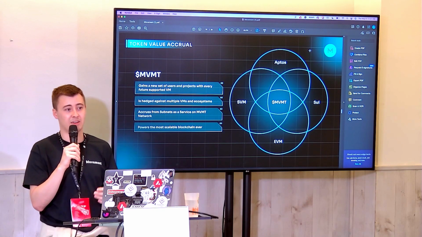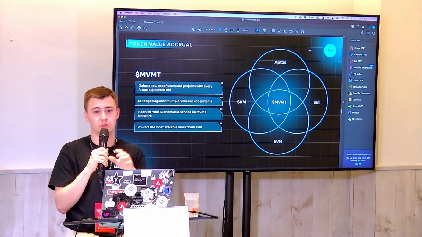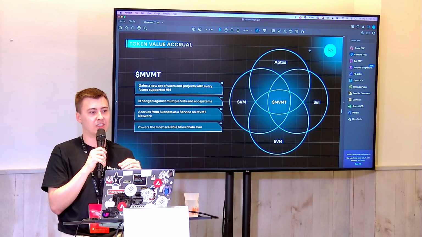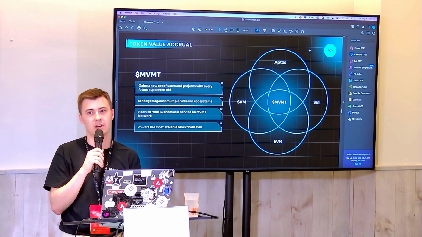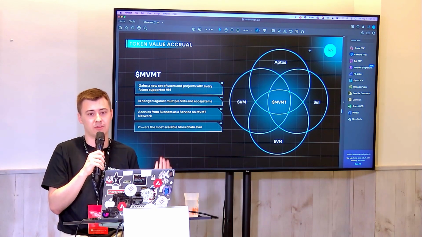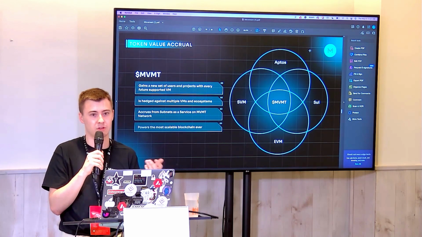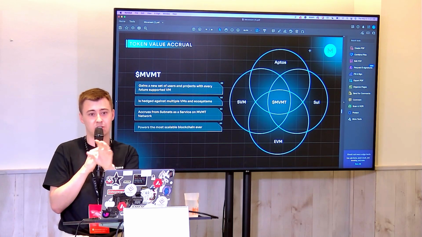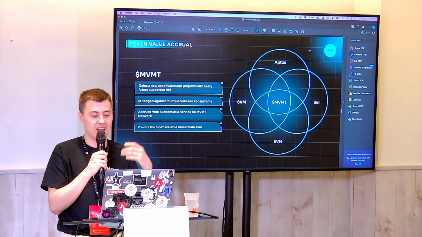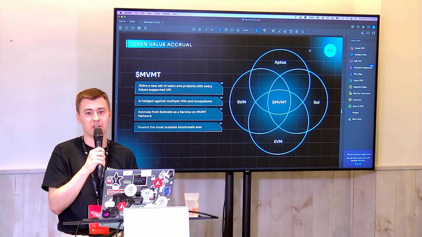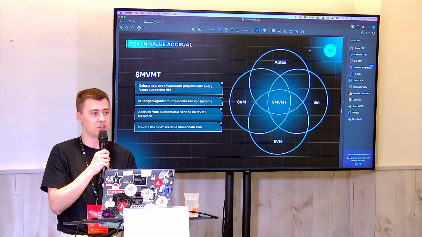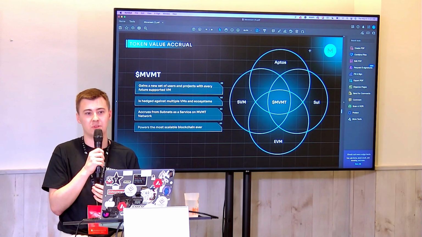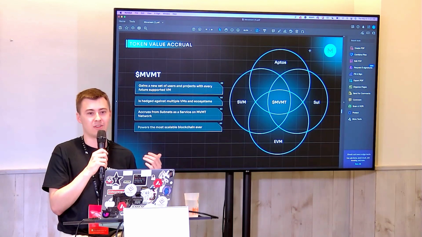So what we see is that its value is accruing from multiple directions, but is also hedged against multiple ecosystems, which brings a lot of security to our users, who won't have to worry about, if an L1 ever falls out of favor, naturally its token is going to greatly diminish, because of being hedged across multiple ecosystems. And every time that we support a new virtual machine, bringing on an entirely new set of users and projects driving demand for the token, we're confident that we will be able to do right by our investors.